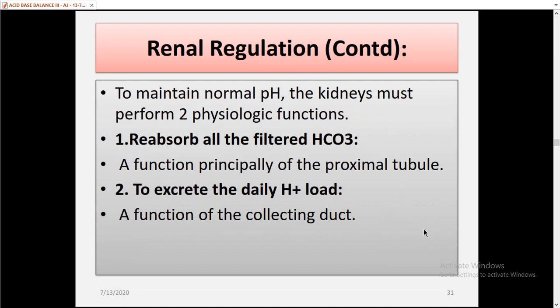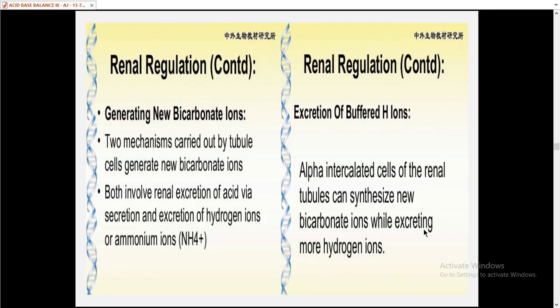To maintain the normal pH, the kidneys must perform two physiological functions. Either they reabsorb all the filtered bicarb through the proximal convoluted tubule, or they excrete the daily hydrogen ion load through the collecting duct. So, renal regulation.